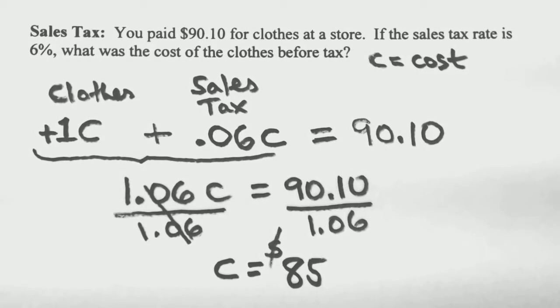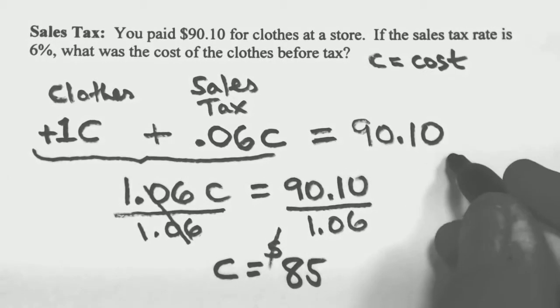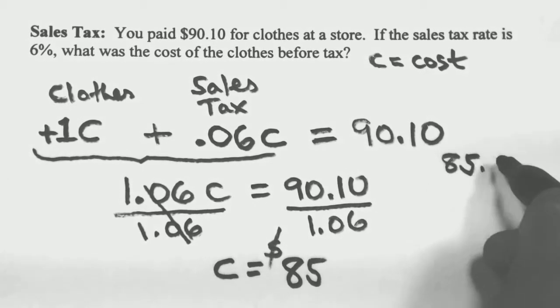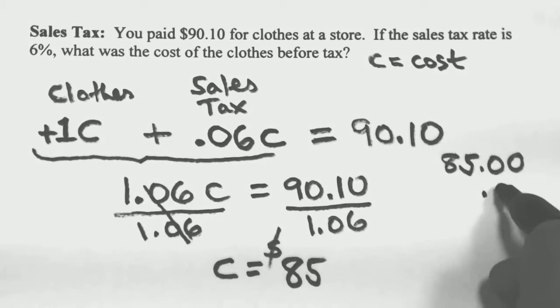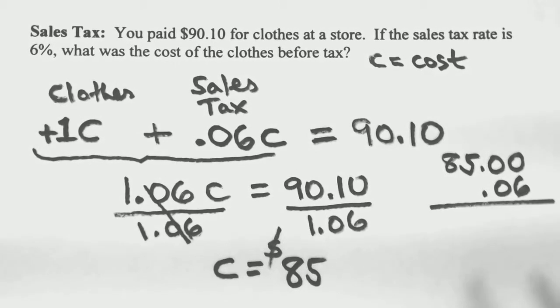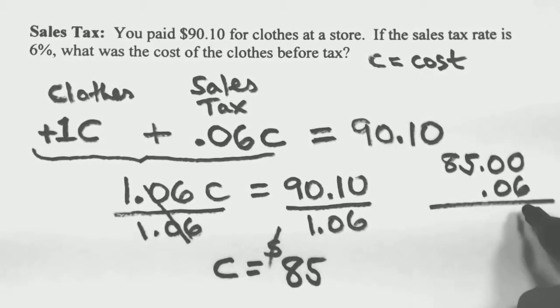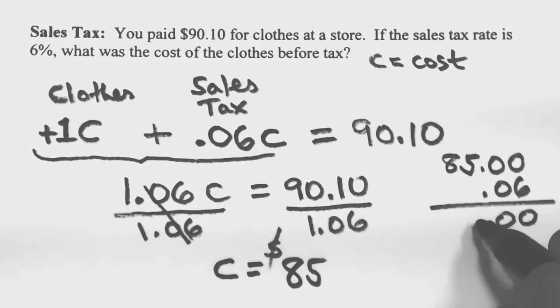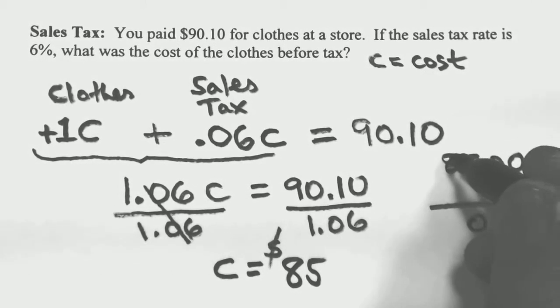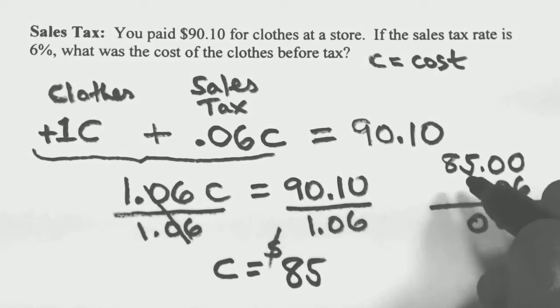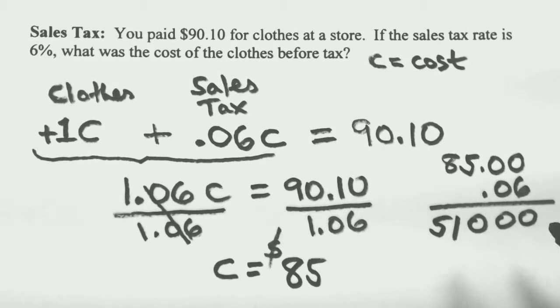Now, let's check this to make sure it's correct. If you bought something for $85, and they had 6% sales tax on this, well, what's the 6% sales tax? 6 times 5 is 30, carry the 3. 6 times 8 is 48, and 3 is 51.